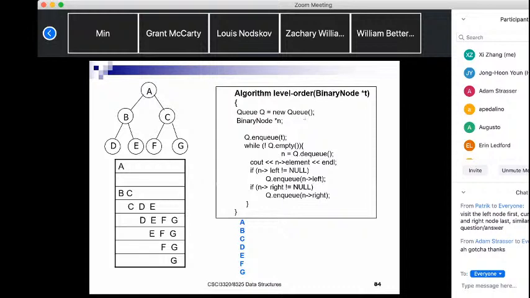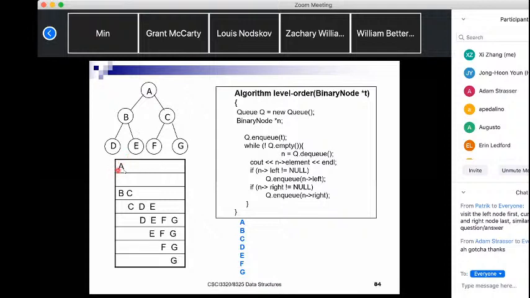So let me assume I have a queue, and that's a new queue, and then I have a binary node n, that's a binary tree, start from the root. So initially I place the root of the tree. Let me use a better annotation. Root is A, so I'm gonna put the root into the empty queue.